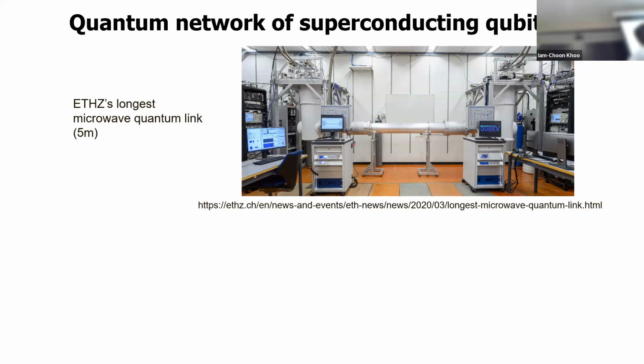This is a very simple prototype of a two-node network device that was built by an ETH Zurich group about 3 years ago. It physically connects the two dilution refrigerators together with a vacuum cryogenic tube.